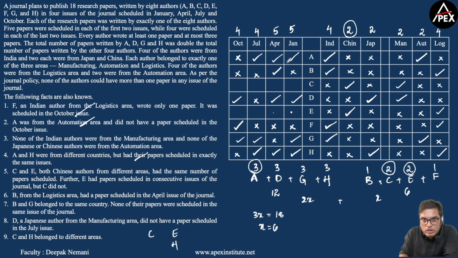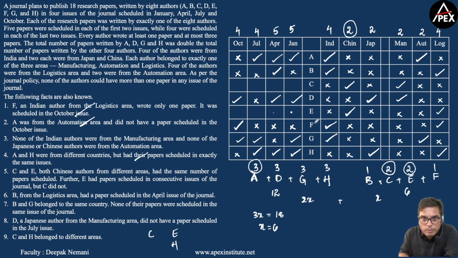So if that's the case, you will be having 5 research papers being scheduled to publish in the months of Jan and April. So C should be having his research papers scheduled to publish in the months of October and July. And that's not possible because C did not have papers scheduled in consecutive issues of the journal. So C did not have his papers being published in 2 consecutive months.